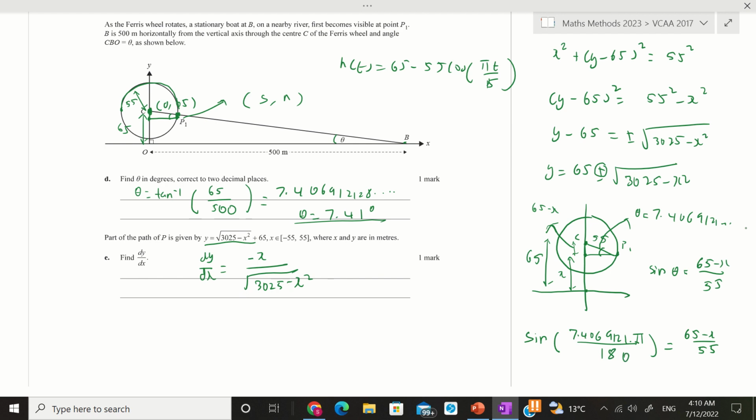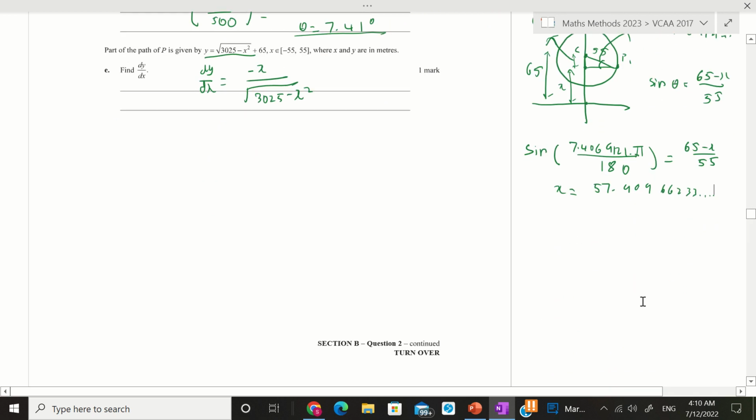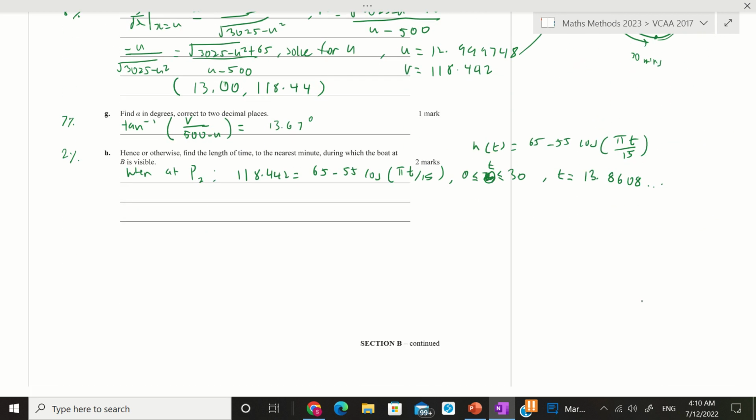Once you do that, you should get the x value, which is the height of the point P1, which is what we actually want. The height of the point P1 is equal to 57.90966233, blah, blah, blah.